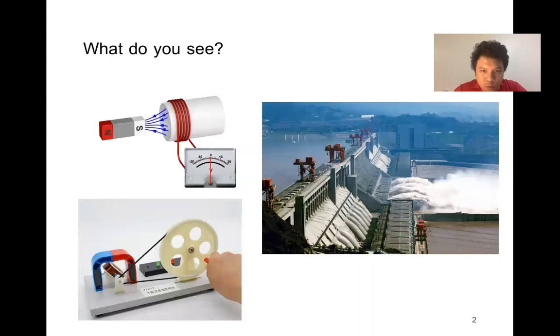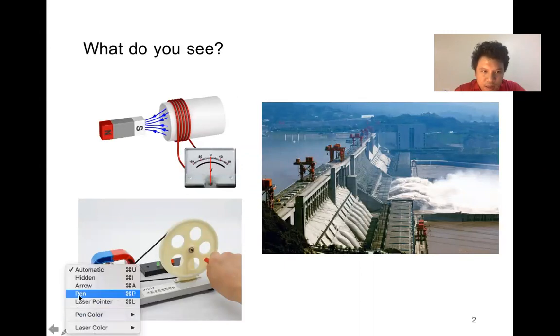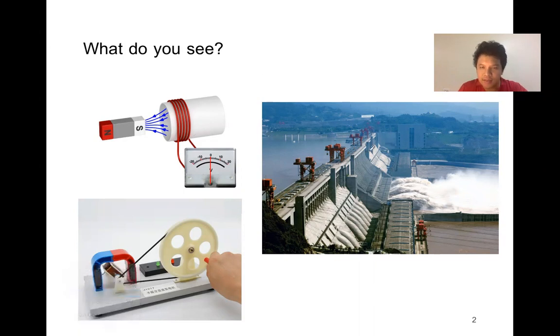What you see in the last picture is the dam, which has a water power plant, in which we use the kinetic energy from water flow and convert it into electricity.